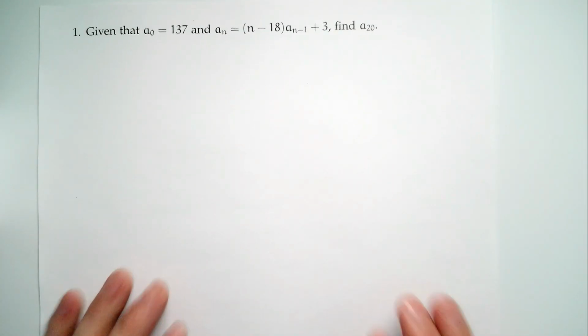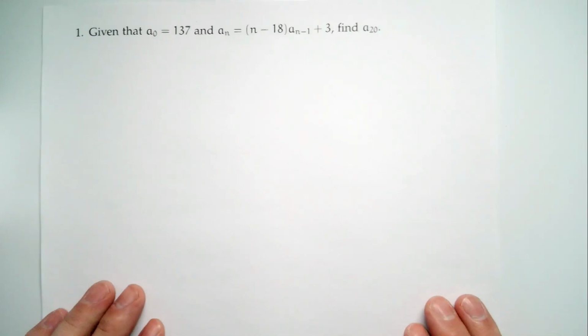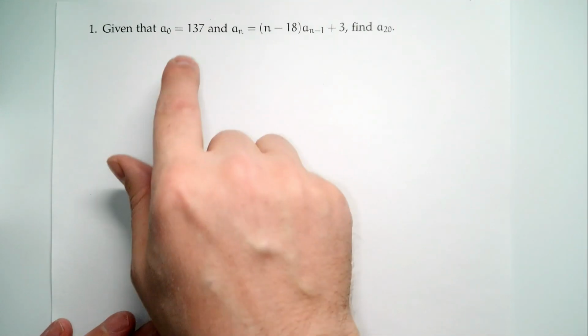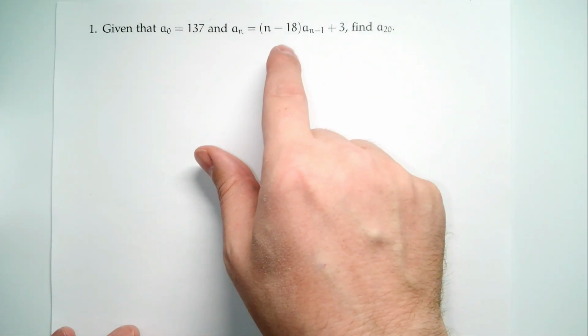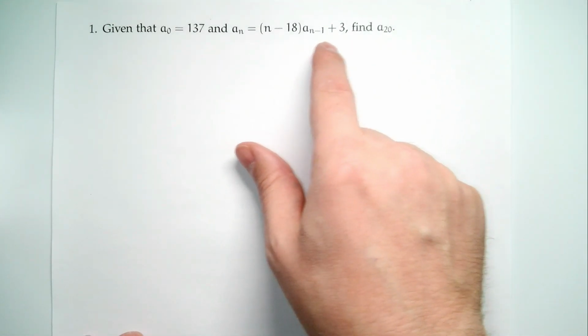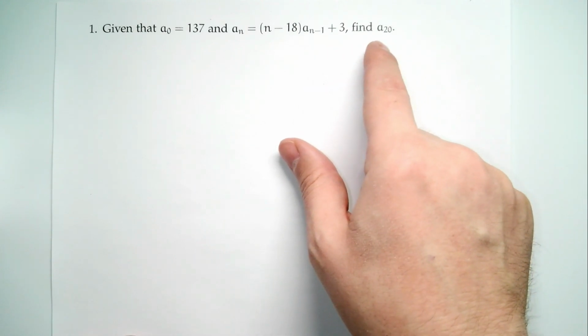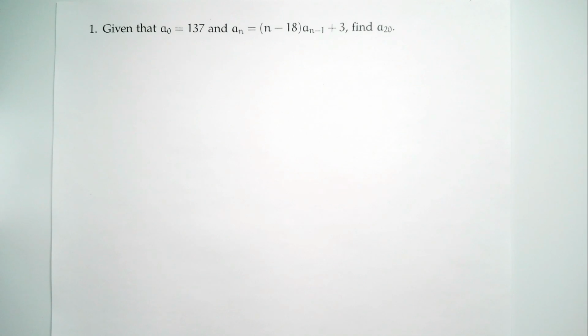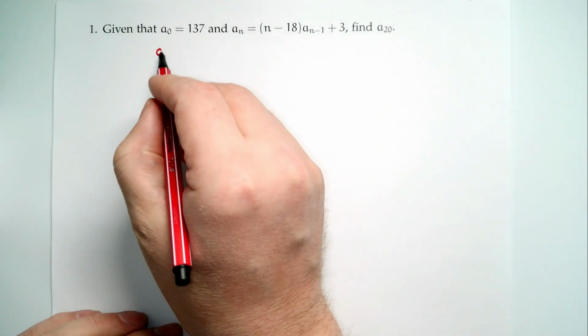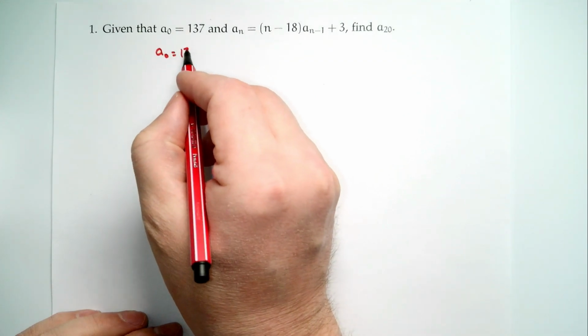Number 1, given that A0 is 137 and A sub n is n minus 18 times A sub n minus 1 plus 3, find A sub 20. Okay, well, that's going to take us a while. Let's start. We know A0 equals 137.